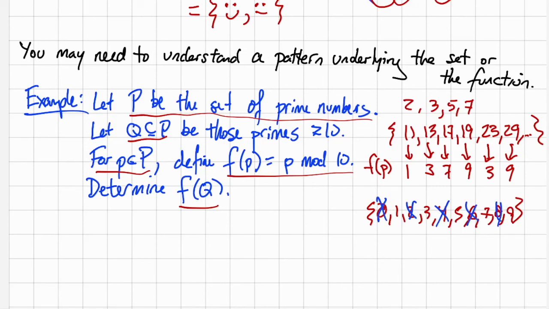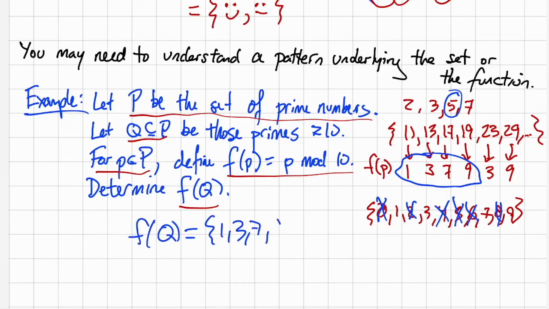And could we possibly have a 5? If we have 15 or 25 or 35, all of those numbers are divisible by 5. That means 5 cannot possibly appear as a value in f of Q, and since all of the other numbers do appear, then f of Q is equal to {1, 3, 7, 9}.